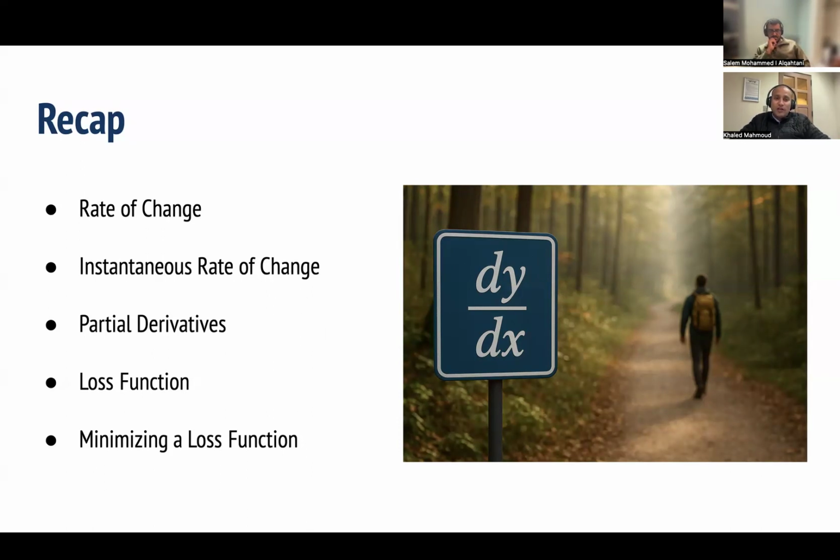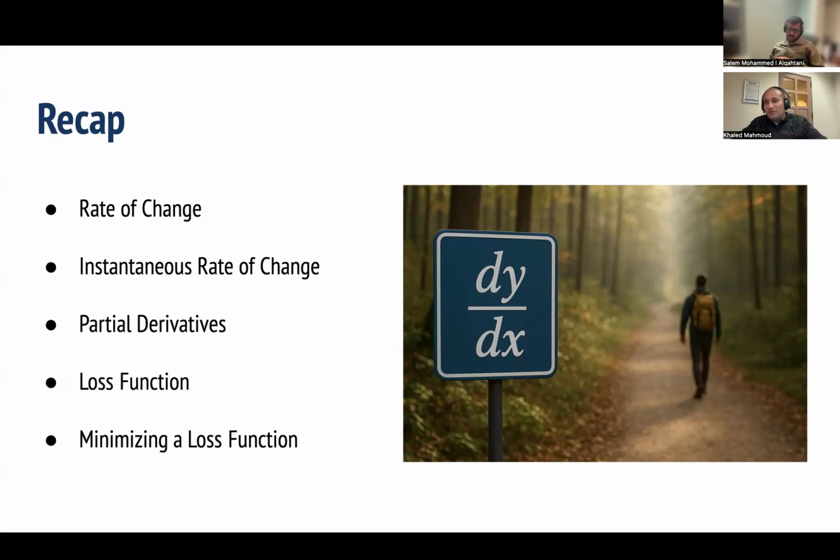And the rate of change took us into the concept of instantaneous rate of change, where the interval gets smaller and smaller until it gets to zero. And that took us to the concept of the first derivative. And from the first derivative, we jumped into the idea and concept of partial derivatives.